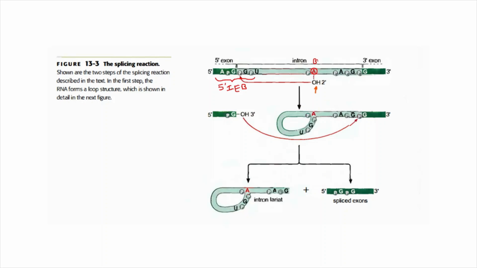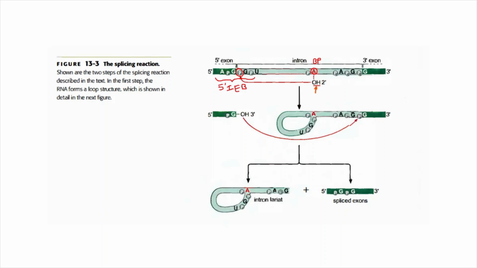So this is the branch point where you have the adenine nucleotide, and it contains a 2' OH group. Now near the 5' intron exon boundary you have a phosphate group attached to a guanine nucleotide.